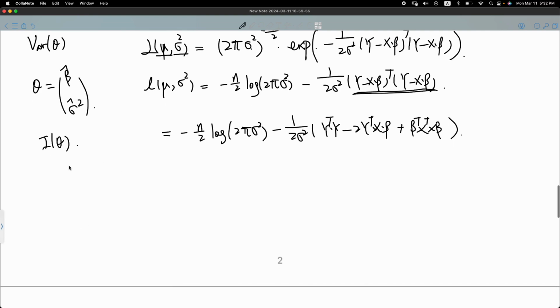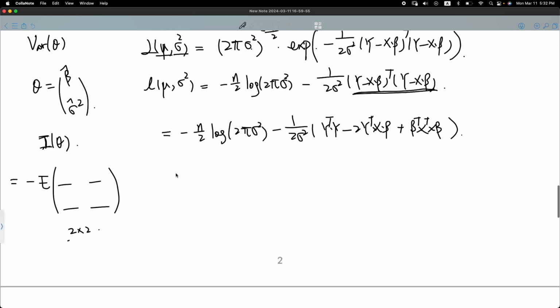Then to evaluate the Fisher information matrix, we are going to calculate the negative expected second order derivatives. We have 2 parameters, so this matrix should be 2 by 2, number of parameters by number of parameters.